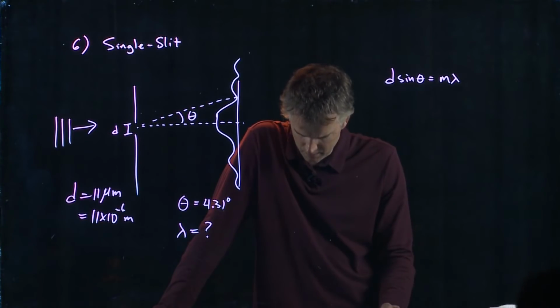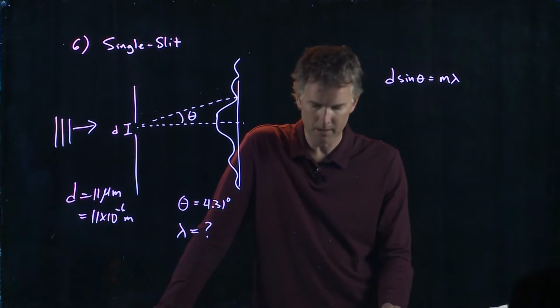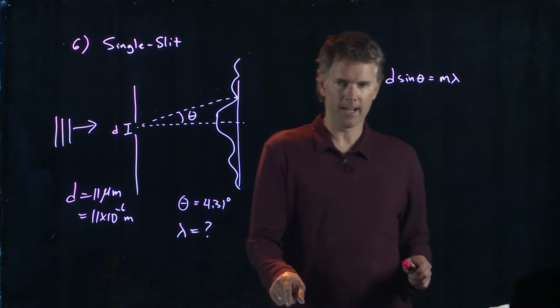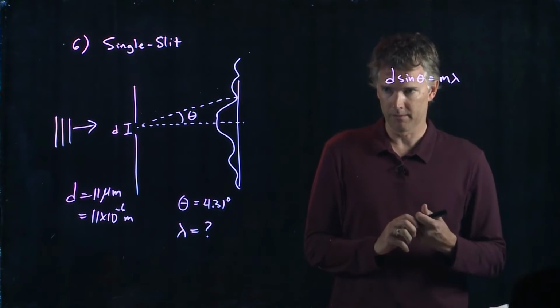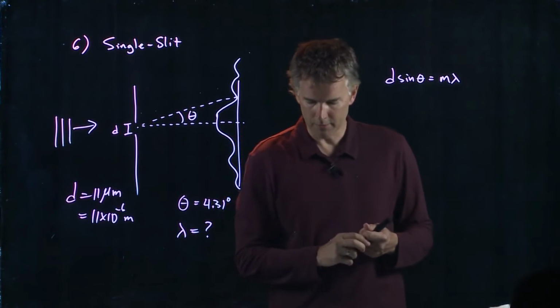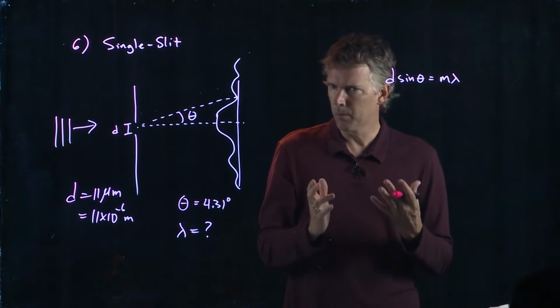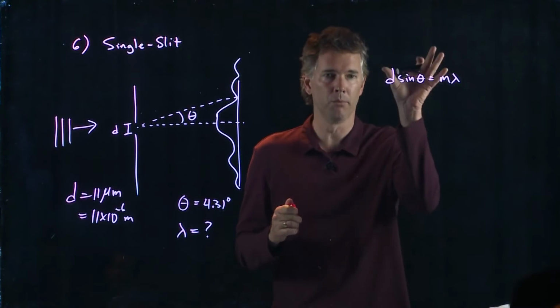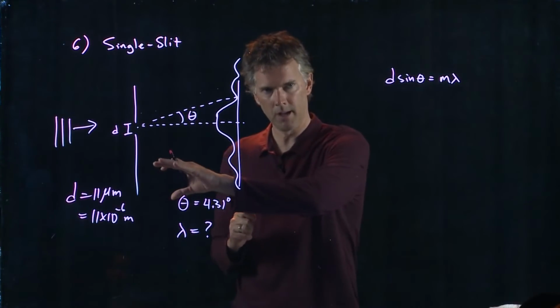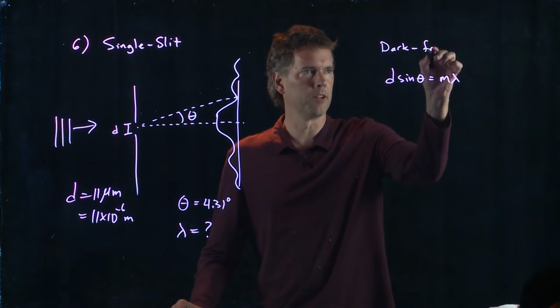We get to single slit diffraction, which says the dark fringe is a sine theta equals p lambda. That is, in fact, the same equation as this. Okay, in that equation, A is the width, and so that's D, and P is an integer, that's our M. So this is kind of weird, right? But this is the bright fringe for a double slit. It's also the dark fringe for a single slit.